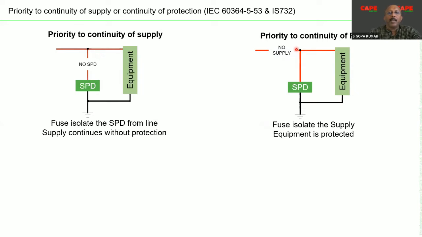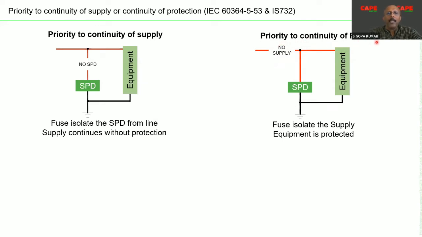Under this, we cannot find out whether it is really short or open. But a fuse is required. At end of life, the fuse is gone. In the second case, there is no supply, but your equipment is still protected, and this is called priority to continuity of protection.